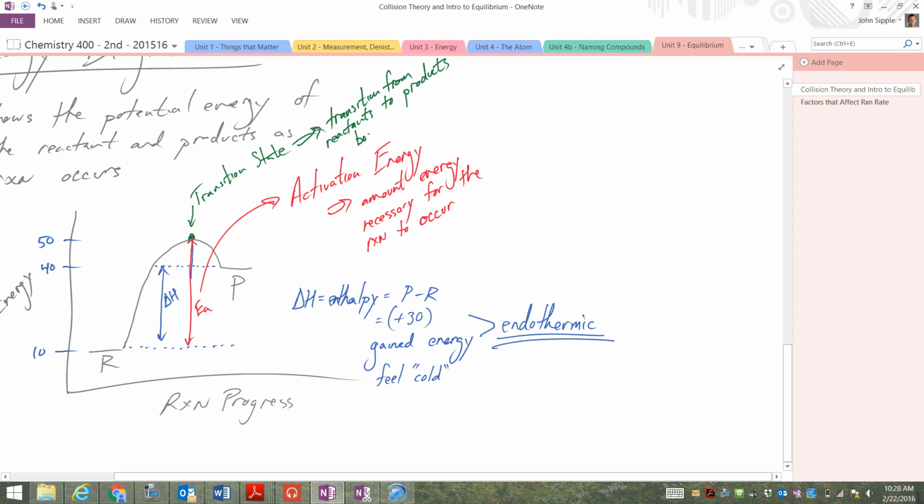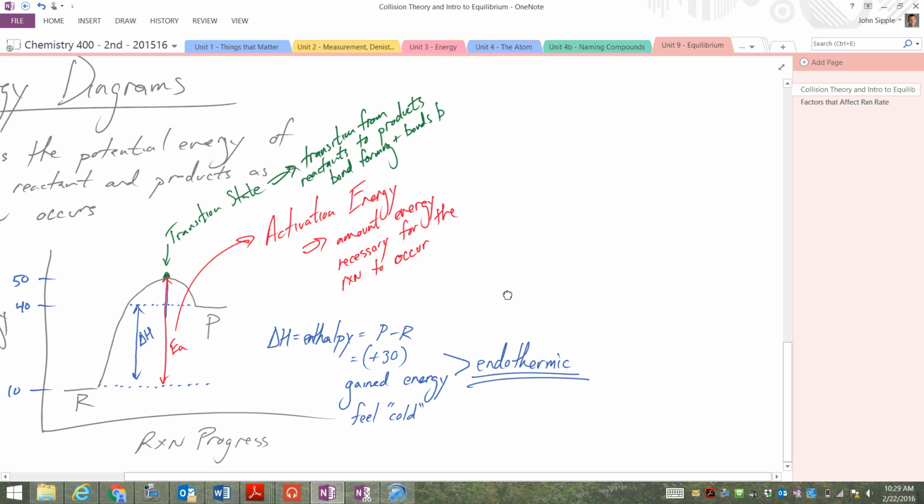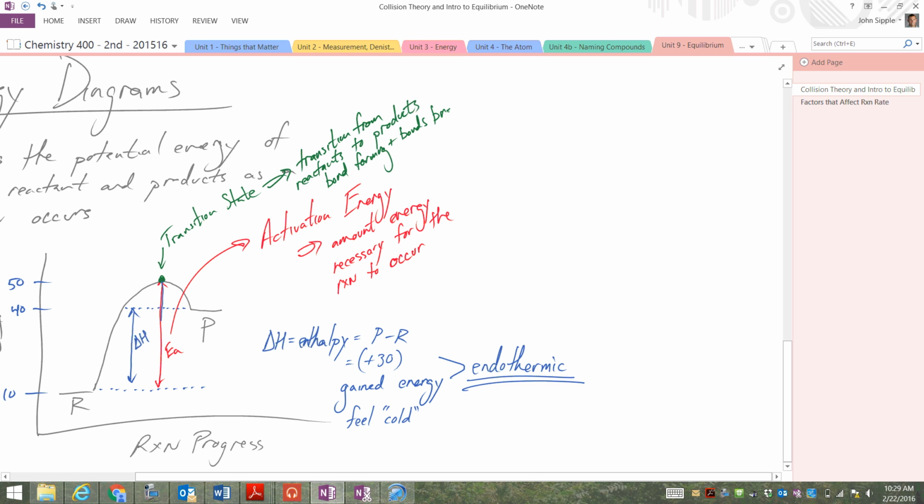Okay, so you've got bonds forming and bonds breaking there. Okay, that's the transition state, and that's where this kind of ball comes into play for today.